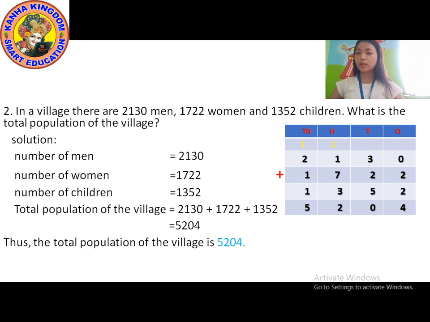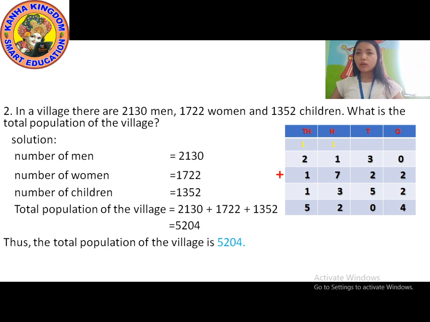So we got 4 as the sum of these numbers. In the tens, while adding the tens, we got 10, right? So we write 0 in the tens column and carry over 1 to the hundreds column.